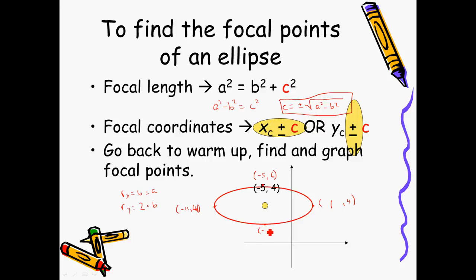Down here for the other co-vertex, we had negative 5, 4 minus 2. How do we find now the focal length? We have A, we have B. We need our focal length equation where C is plus or minus the square root of 36 minus 4.